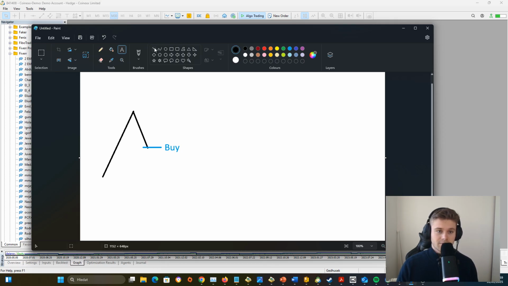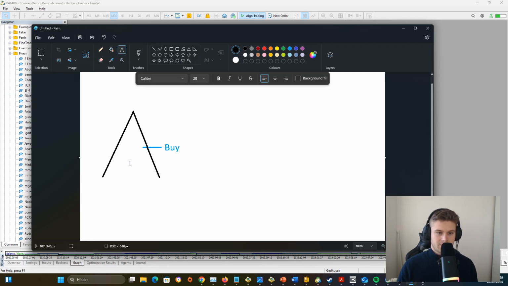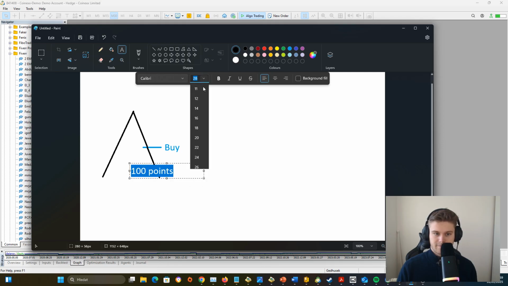The price doesn't go up, it continues to go down, and now we are in a loss. We can say that this is, for example, 100 points, just to make this very easy. So let me type here 100 points, and let's decrease the font size to, for example, 12. I hope you can see it on your screen, but I think you can.